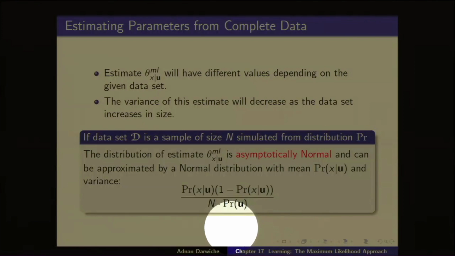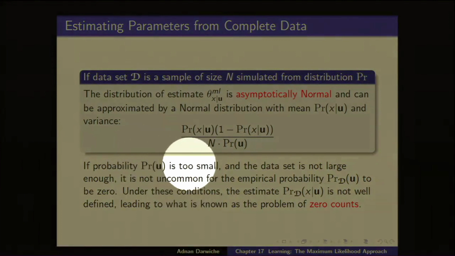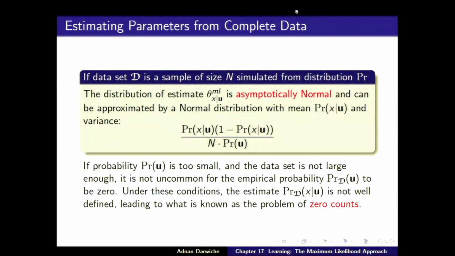If the probability of the parents is small, that's not good. If the probability of the parents is too small and the data set is not large enough, it's not uncommon for the empirical probability of this to be 0. That is, you will not see any rows in the data set that satisfy this guy. In that case, this thing is not well defined. You can't compute it, and this is known as the problem of 0 counts. We'll get to that later.